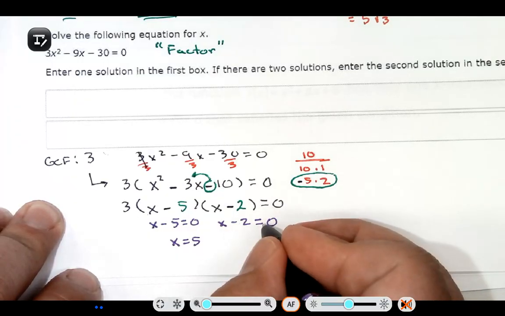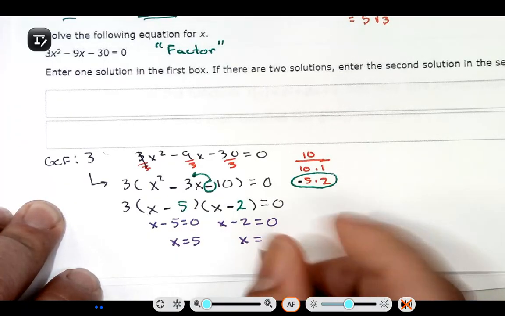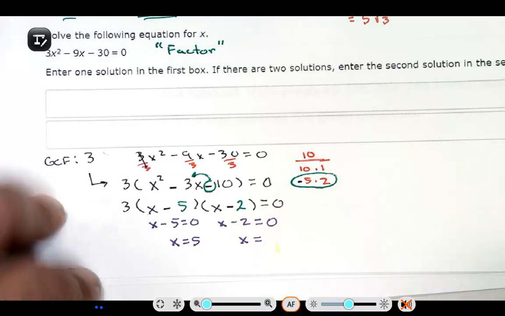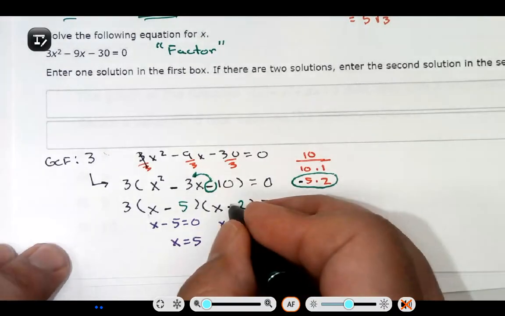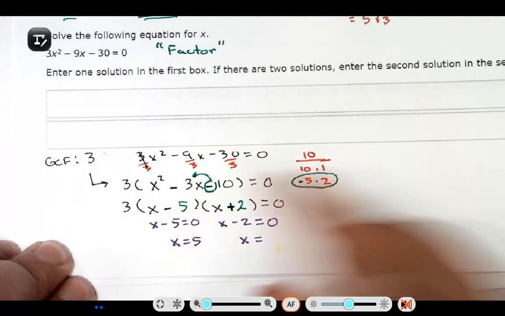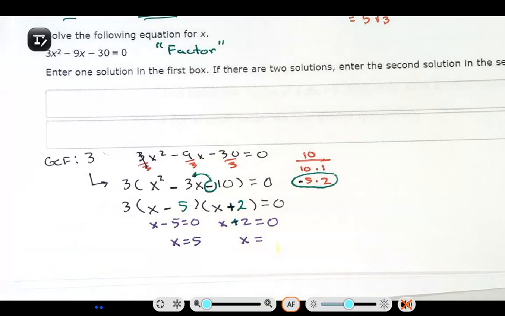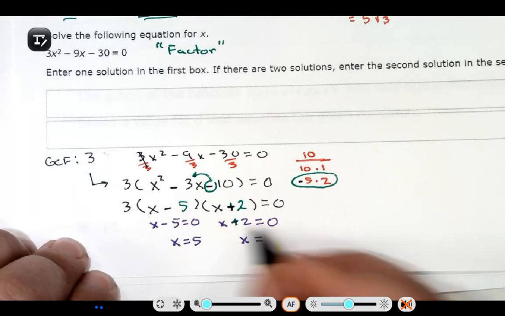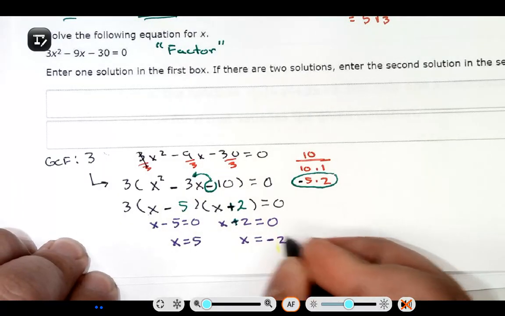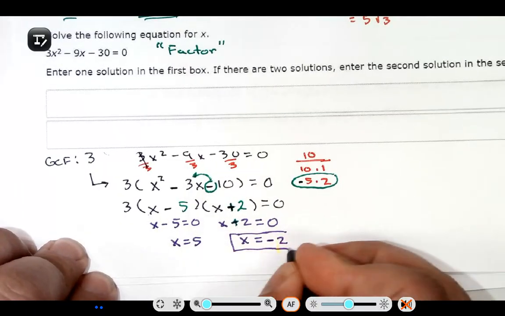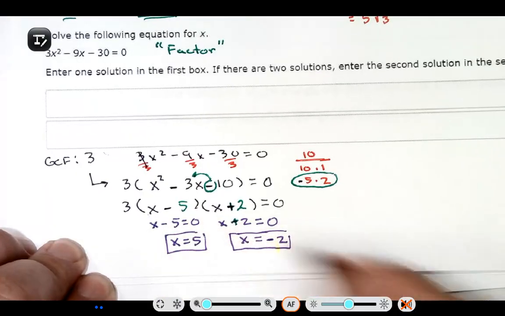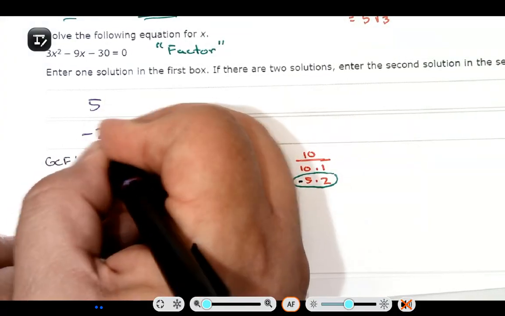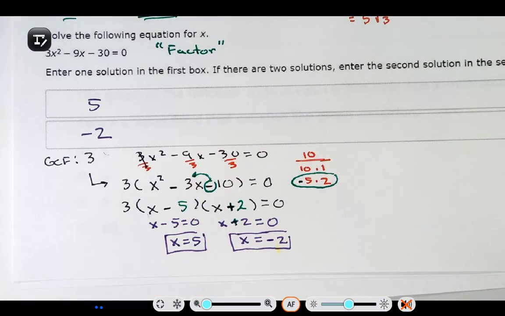Here, we're going to add the number 2, well, then x equals 2. Wait a minute. This is supposed to be a positive 2. We said only the 5 was negative. All right, so good thing is I haven't written it. So there's my plus 2. So how do I get rid of a plus 2? We subtract a 2. And so these are my two answers using factoring. So we're just going to write 5 and negative 2 in our boxes.